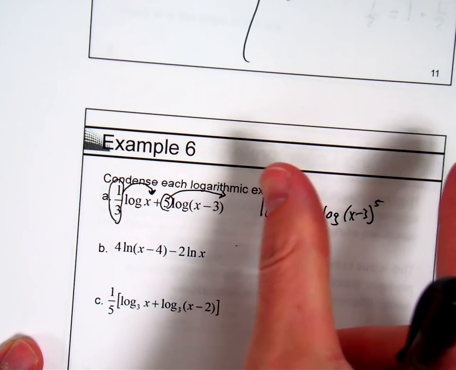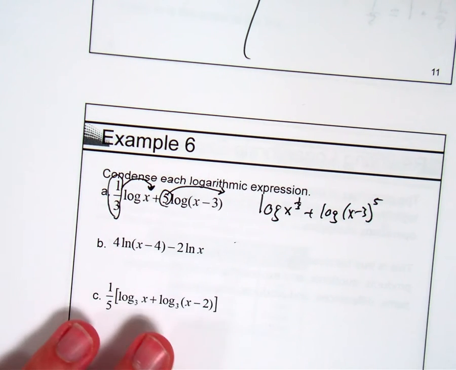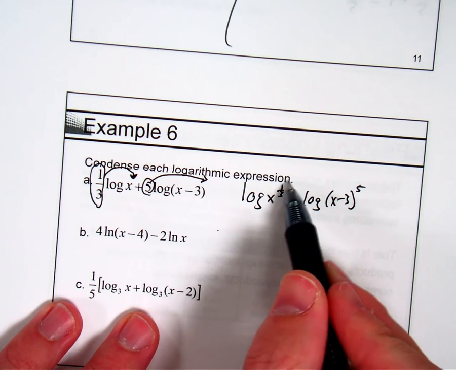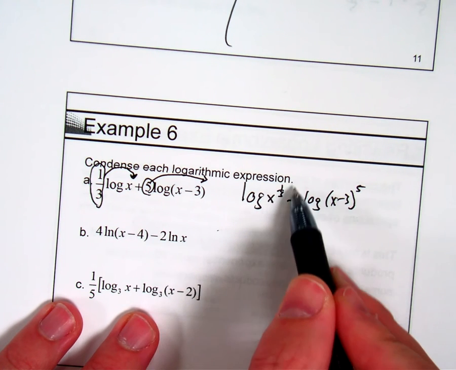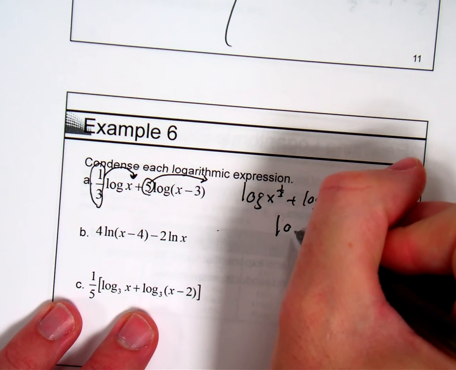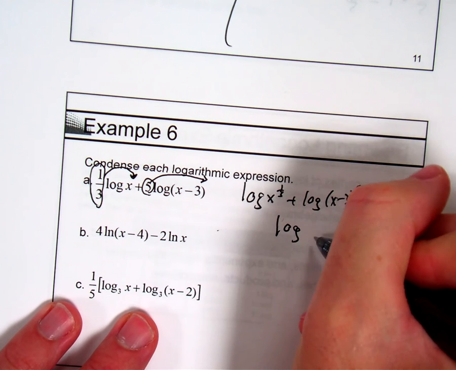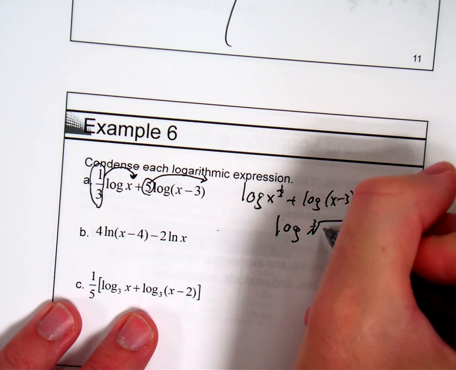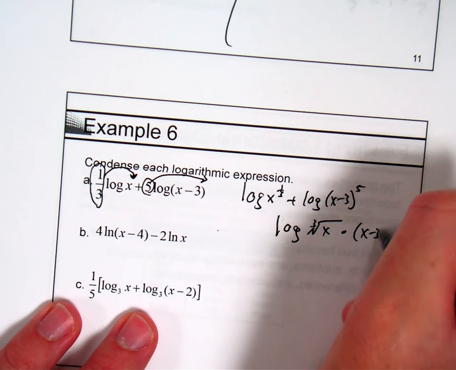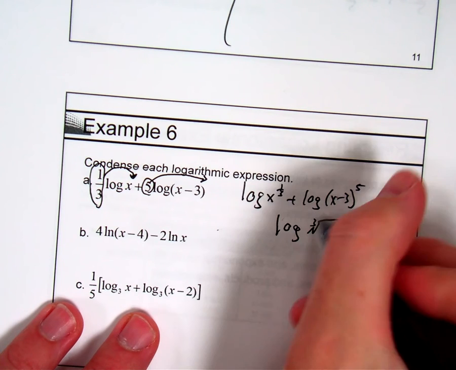Okay, and then we have addition, and I can put those together with multiplication. A lot of the times, I don't care if you're going to leave the 1/3 up there, but a lot of the times the book will just go with a cube root. So if I was going to be like the book, we're going to have the cube root of x times x minus 3 to the 5th.